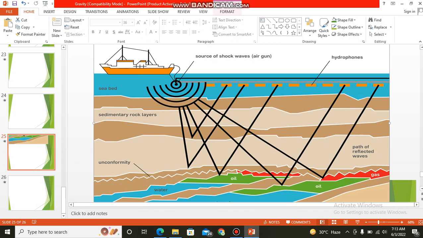It sends radiation downward, and as you see, the first ray goes here and bounces back, the second bounces back from here, the third from the oil, and the fourth from the gas. This line is the hydrophones, used to detect those rays coming from the earth.